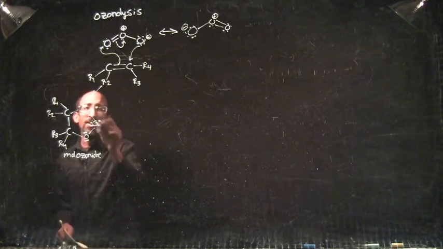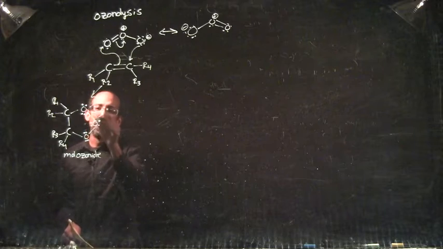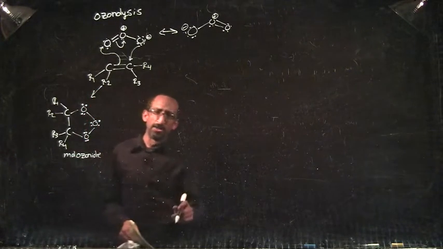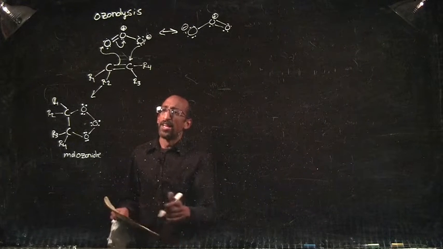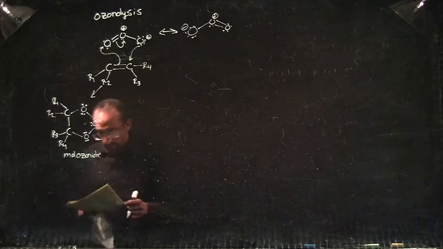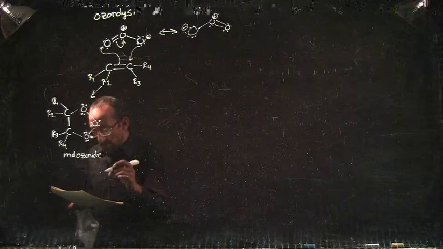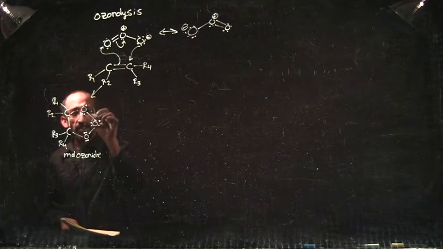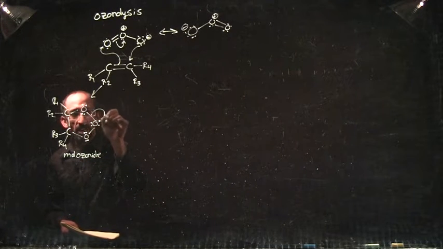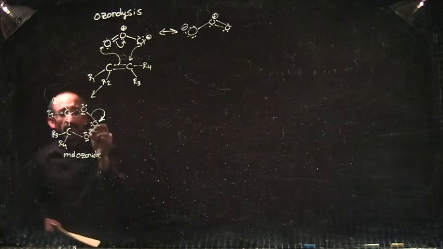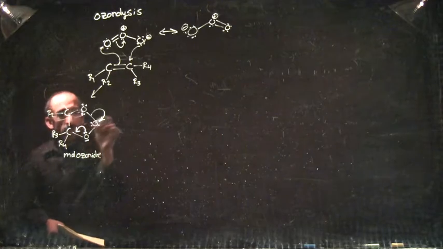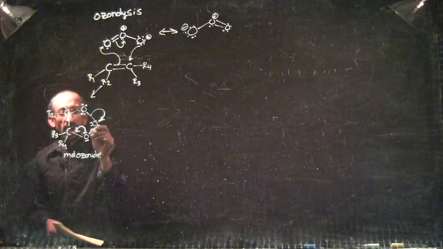There's a reason why all these oxygen-oxygen bonds don't like being oxygen-oxygen bonds, right? We have lone pair repulsion issues that are happening there. And so this wants to fall apart. And so this ring breaks apart like such. First, this oxygen-oxygen single bond breaks to put the lone pair of electrons on that central oxygen.